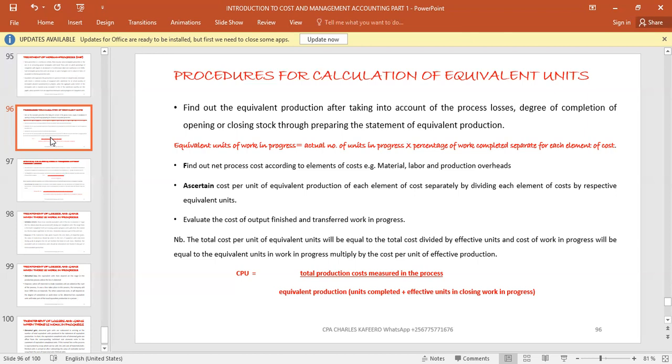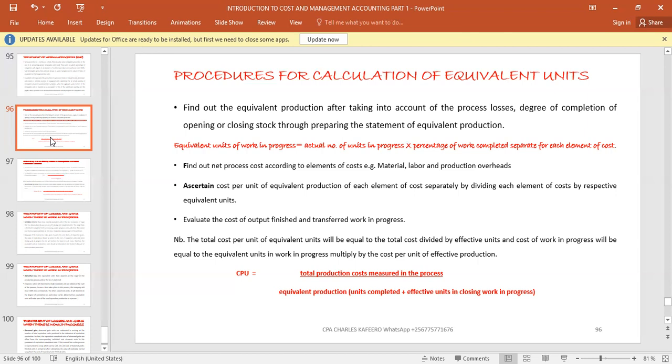Okay, to get the equivalent units of work in progress, it equals the actual number of units in progress. If let's say the work in progress is 2,000 units, you multiply the 2,000 units by the percentage of work completed, separately for each element of cost.